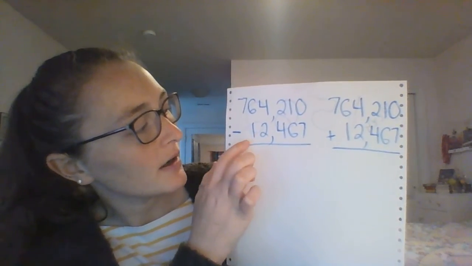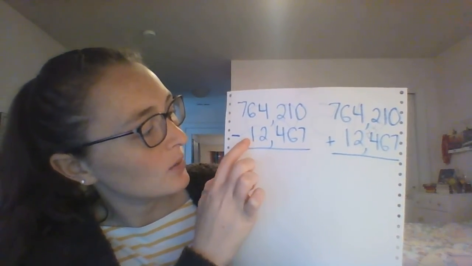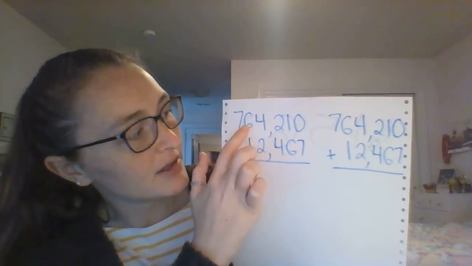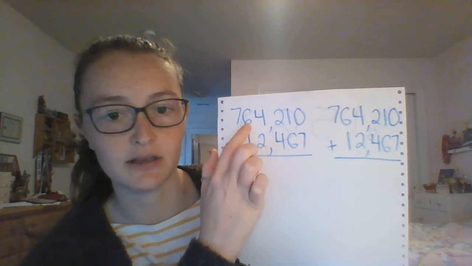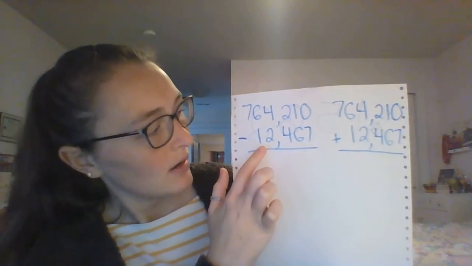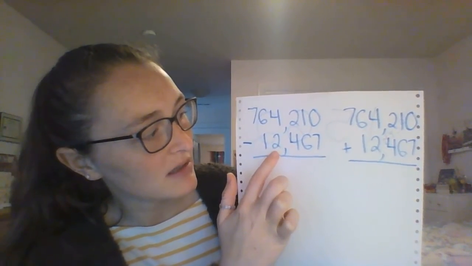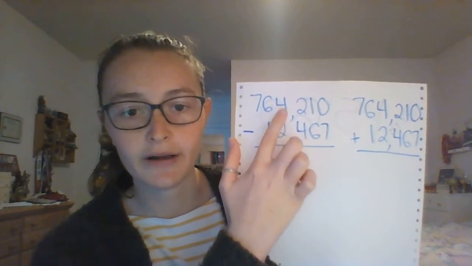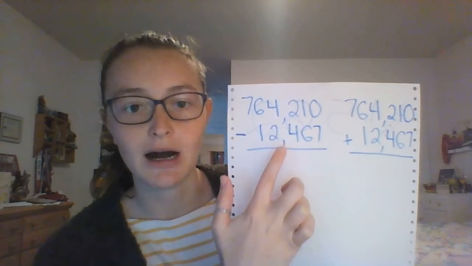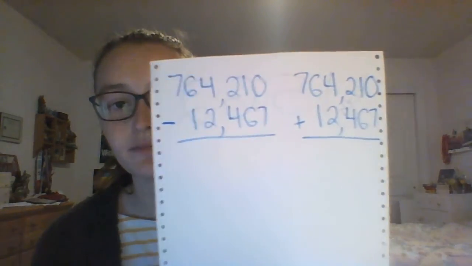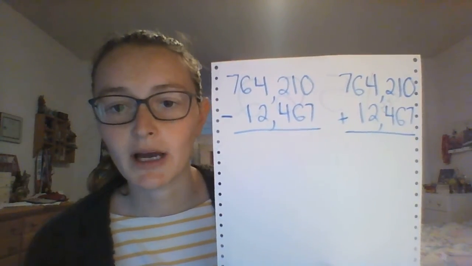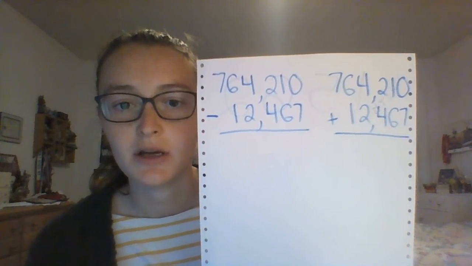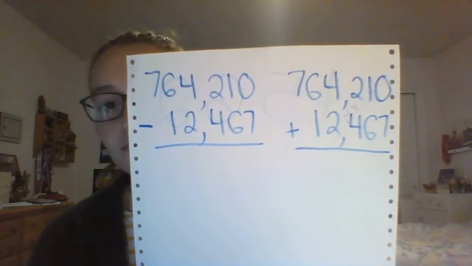So if our 1 is in the 10,000s place, we have to put it under the 6, which is in the 10,000s place. The 2's in the thousands place, which is under the 4 in the thousands place. Or if it helps you, you can just make sure your commas are lined up. So go ahead, pause the video and do this math, and then check back to find the answer.